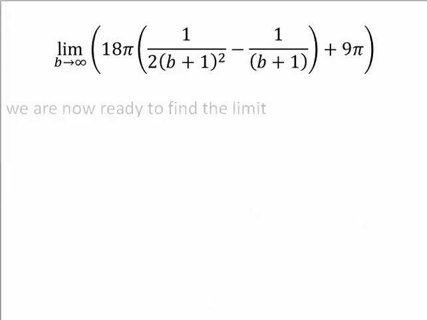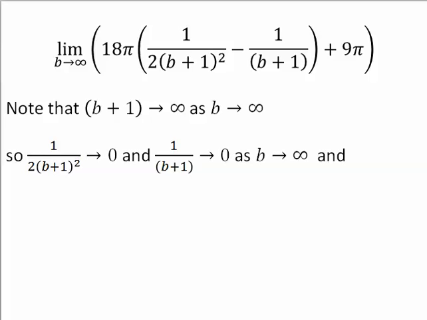All right. I think we're about ready to take the limit. So let's find out what happens as b goes to infinity. Well, as b goes to infinity, b plus 1 certainly goes to infinity. And 1 over 2 times b plus 1 squared, since the denominator is going to infinity, the whole thing is going to go to 0.